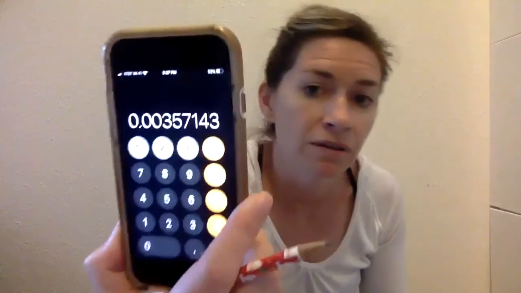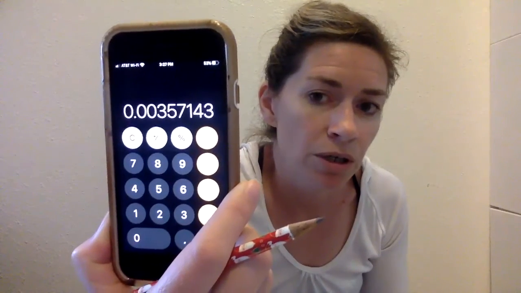Okay? So I've got 0.75 divided by 210, and I get 0.003574143. Okay, I'm just going to do the first 4 after the decimal. So at the bottom, 0.0035.